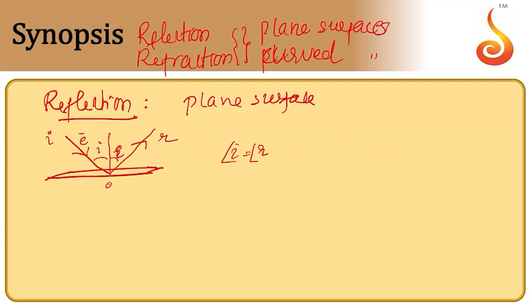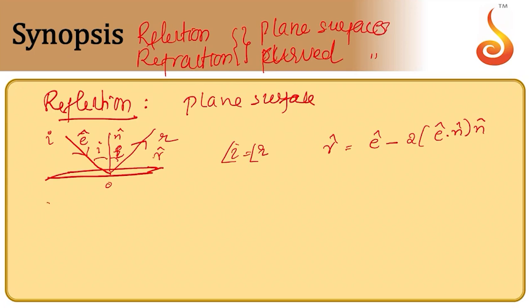Suppose E cap represents the unit vector along the direction of incidence, N cap represents the unit vector along normal, and R cap represents the unit vector along the direction of reflected ray. Then R cap is equal to E cap minus 2 times E cap dot N cap N cap. So this is how we represent this idea.